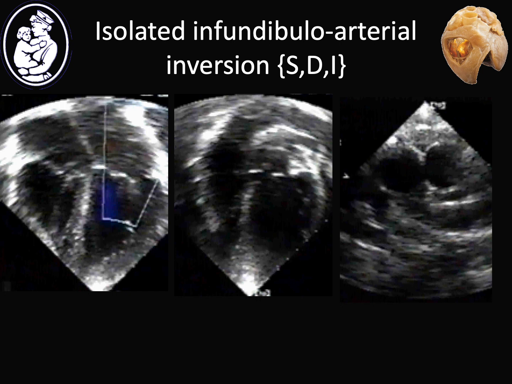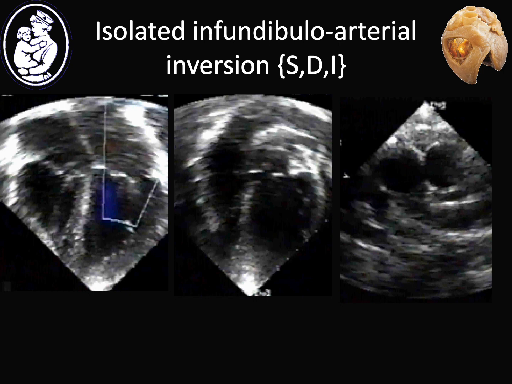In the panel on the left, we see the right atrium here right-sided, left atrium here left-sided. The right ventricle is here to the right, and the left ventricle here to the left. So this is situs solitus atria with D-looped ventricles.